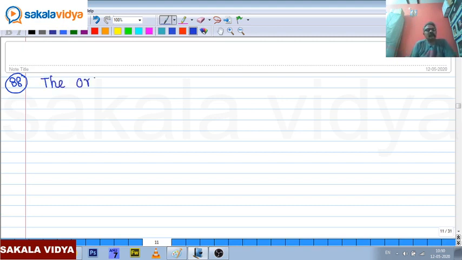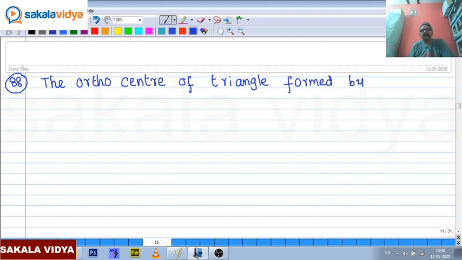The orthocenter of triangle formed by a cos alpha, a sin alpha.